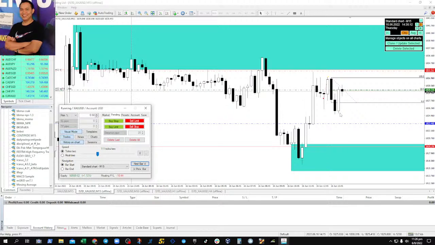Let's see how this candle closes first. So this was the first loss. Okay, fine. If this one lost, we're going to end this day as well.